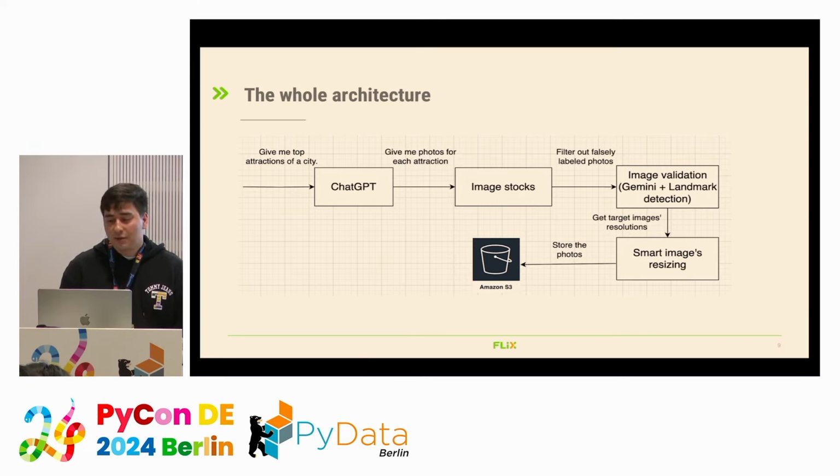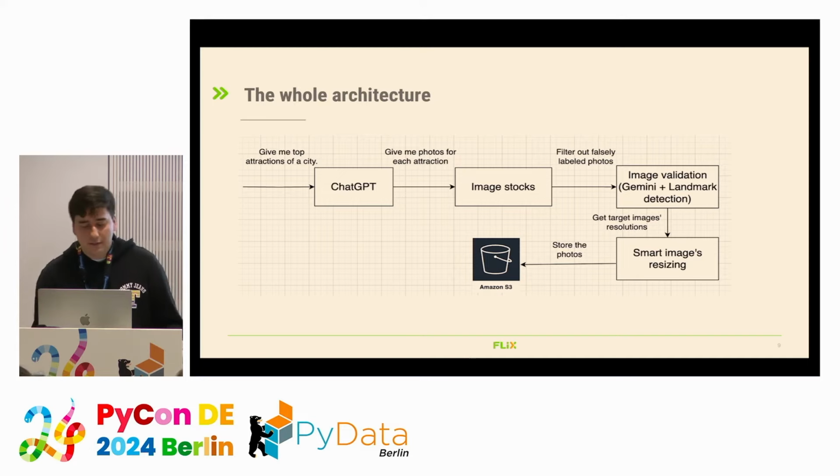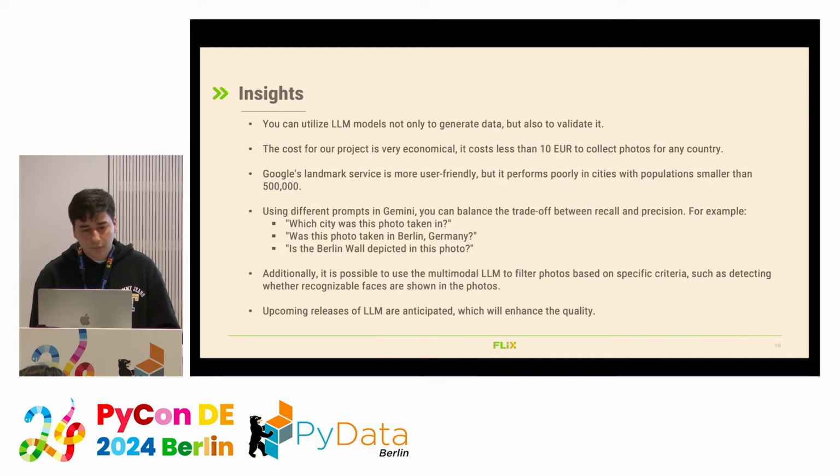Then we get target image resolutions using smart image resizing, and store the photos in an Amazon S3 bucket. It's not so important where you store. It's important that any internal business stakeholder now has access to these photos and can extract photos for any city which he or she desires.